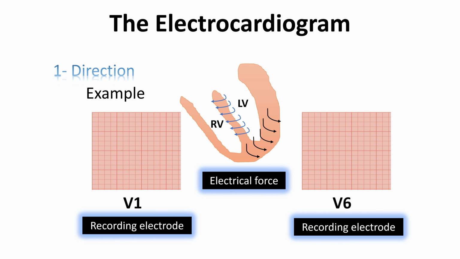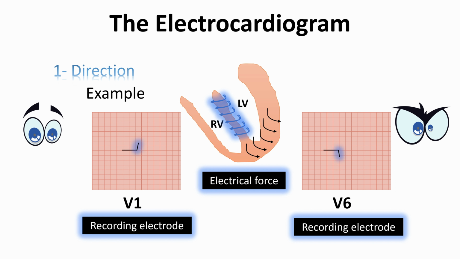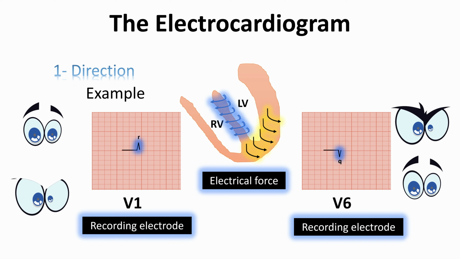So if an electrode is placed over the right ventricle, it records an initial positive deflection representing the septal activation toward it, followed by a major negative deflection that denotes free wall activation away from it.